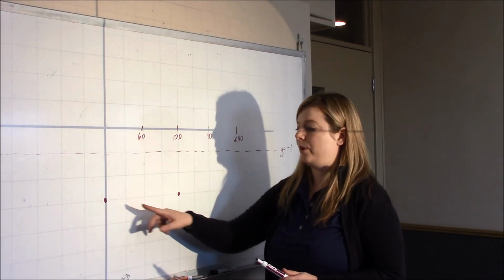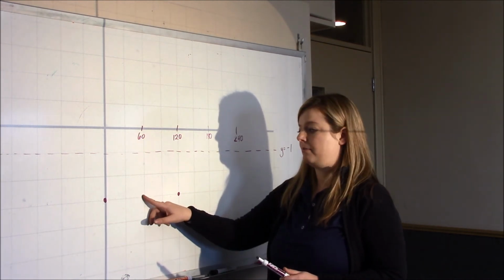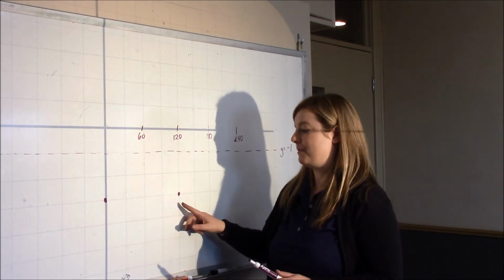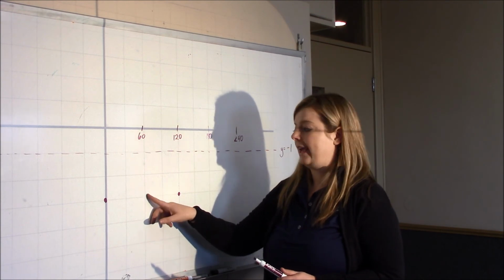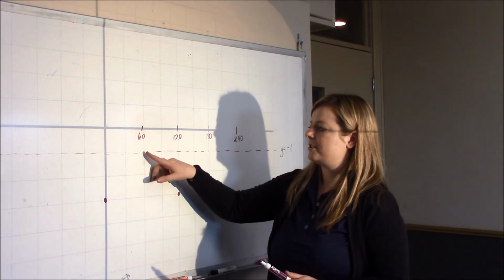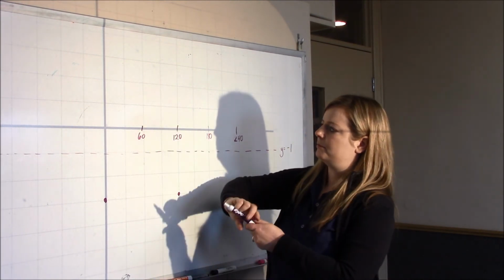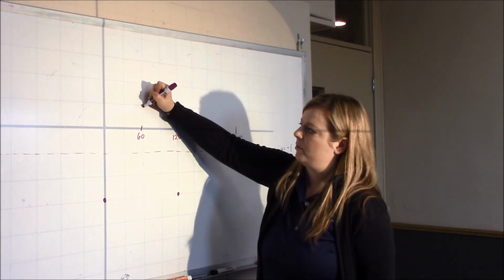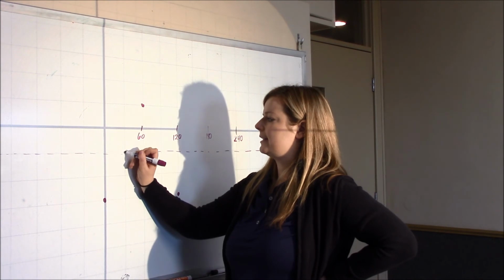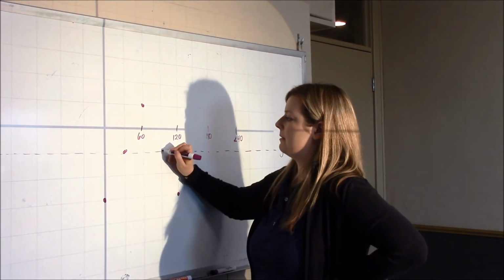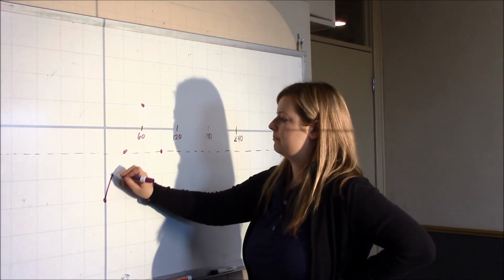What happens halfway in between the minimum and the minimum? Halfway between is the maximum. So we go to our maximum, which is the axis plus 2, so at 1. Then halfway between the min and the max, we're on our axis. And again, halfway between the max and the min, we're on the axis.